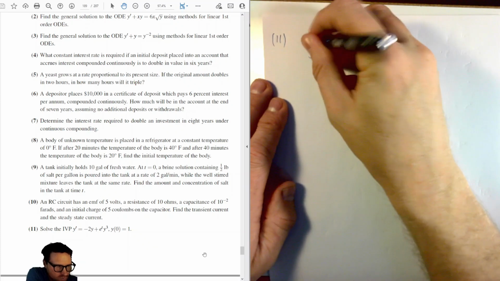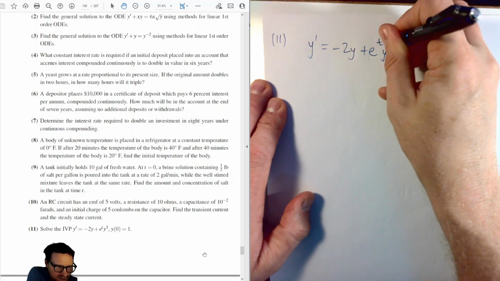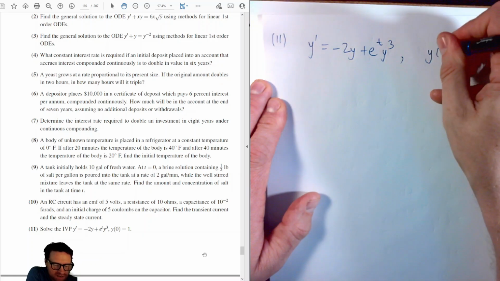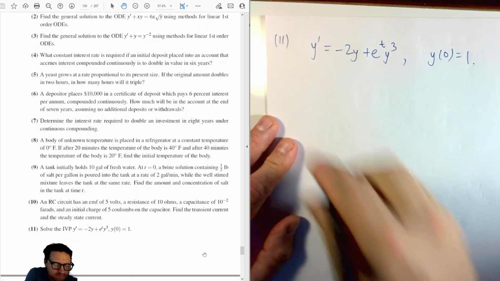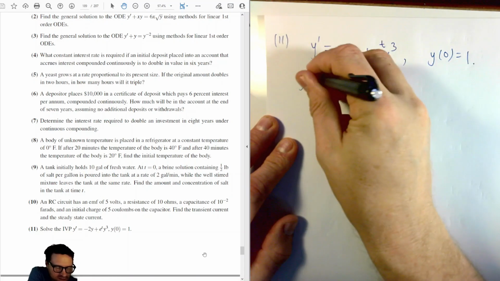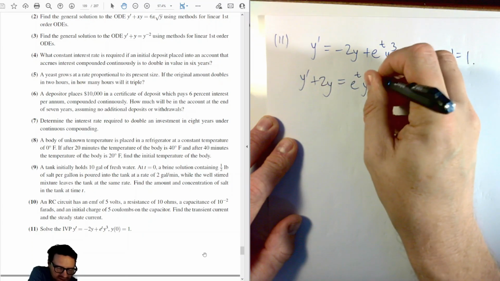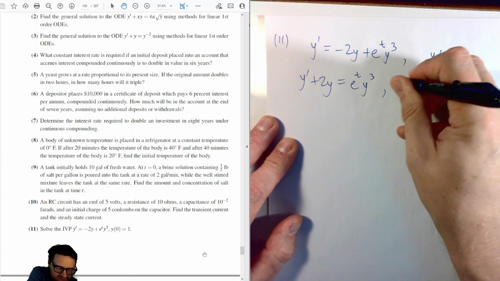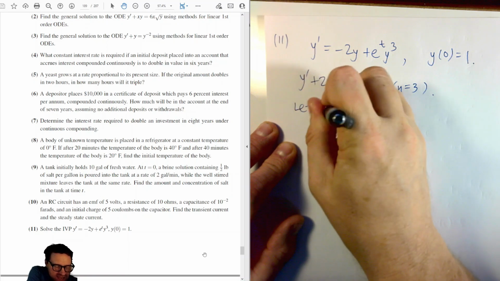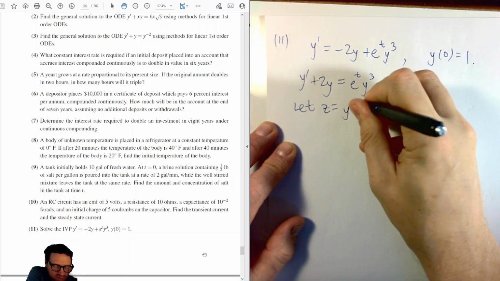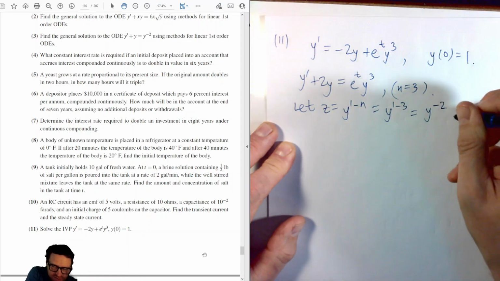So this one says solve y dash equals minus 2y plus e to the power of t y cubed, where y of 0 is 1. Okay, now this one is Bernoulli because we can write this as y dash plus 2y is e to the power of t y cubed, where here n is equal to 3. So what we do is we let z be equal to y to the power 1 minus n, which is y to the power 1 minus 3, or y to the minus 2.